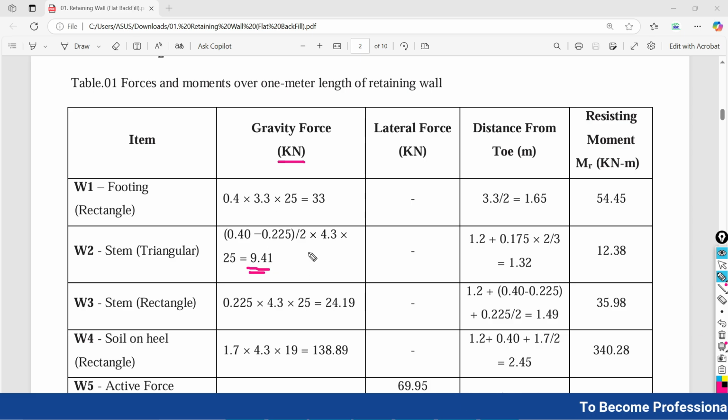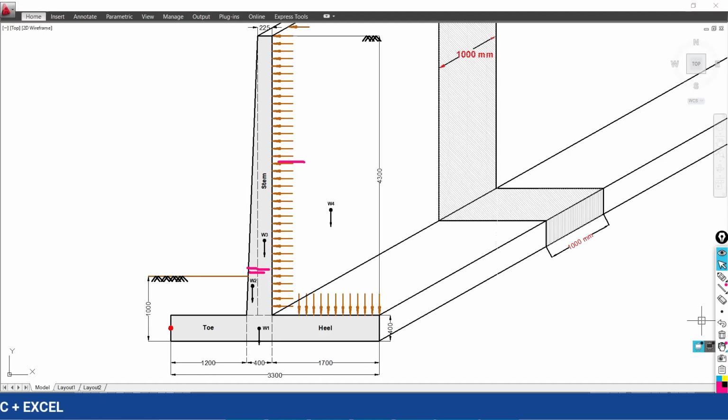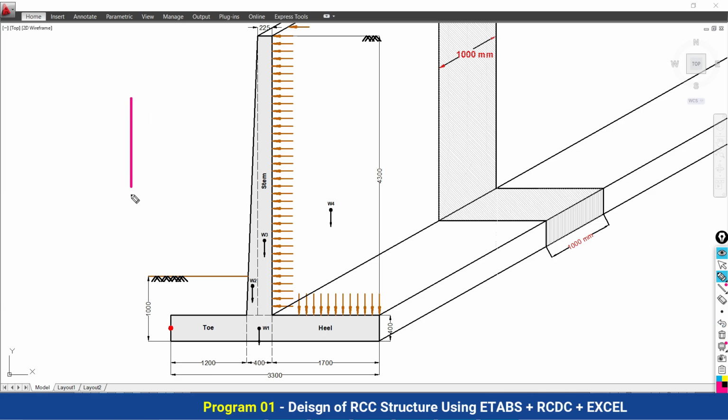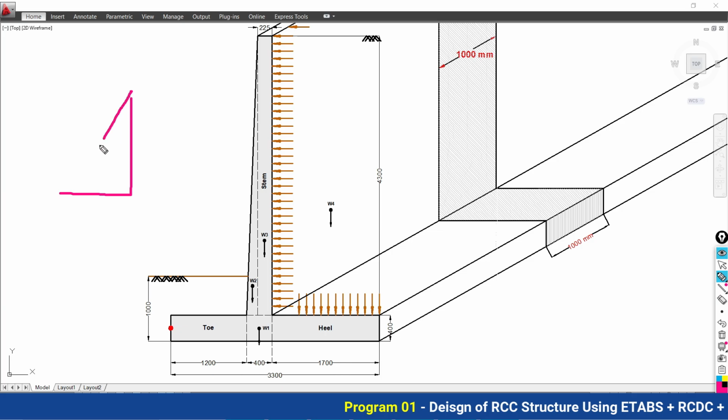This we have to multiply with the centroid of that triangle. How can you calculate the centroid of the triangle? Have a look here at how to do this calculation. Suppose this is my triangle, and this is the point from where we have to calculate the value. Suppose this is the centroid of this triangle.